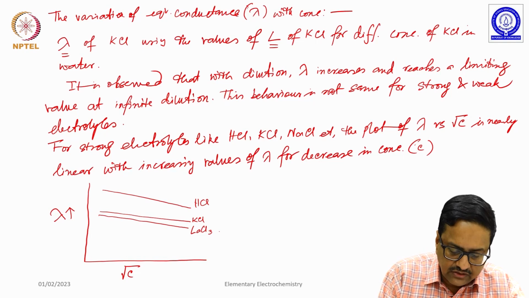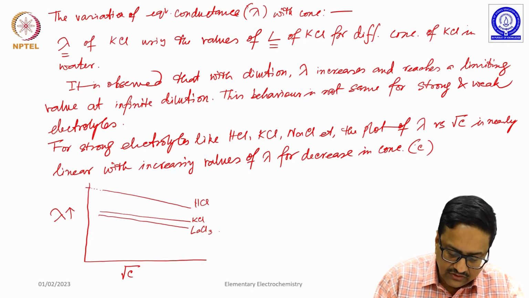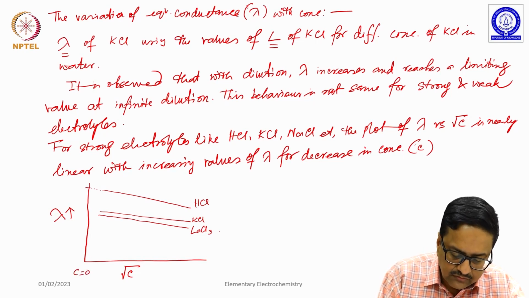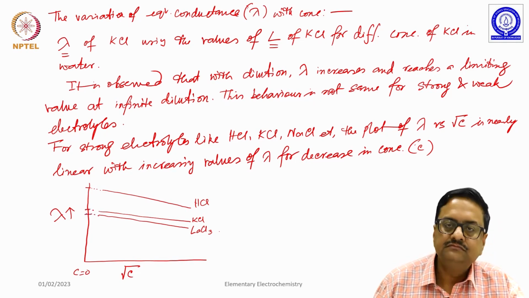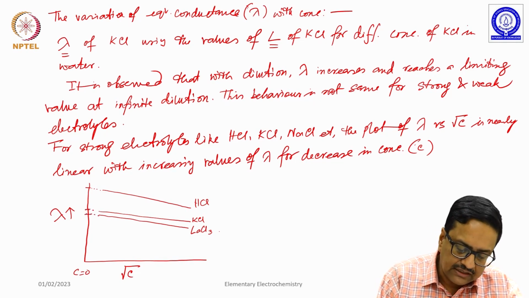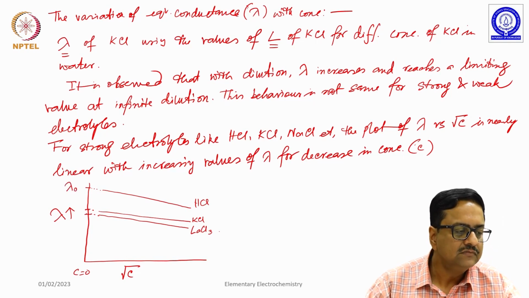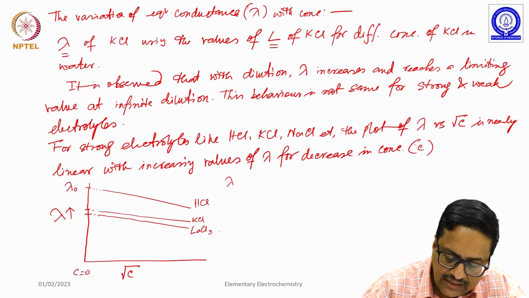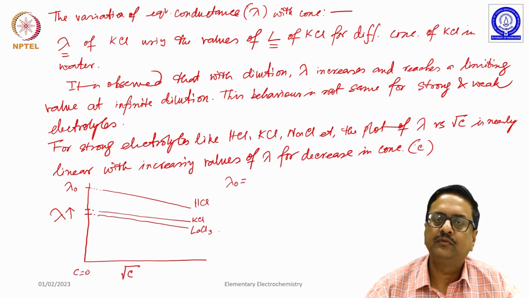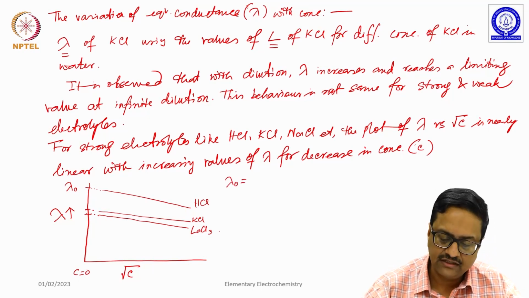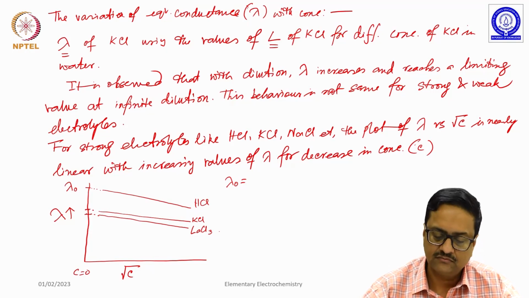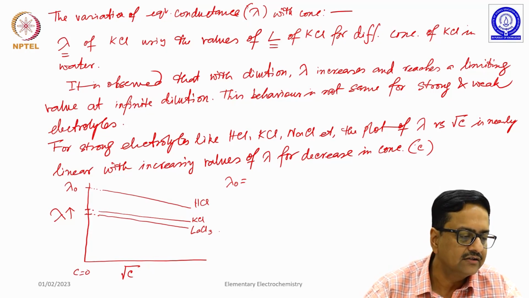Now when we extrapolate this to a concentration C equal to 0, it reaches a value. The value at C equal to 0 is denoted as lambda 0. So this lambda 0 is the extrapolated equivalent conductance of a particular salt solution at infinite dilution.